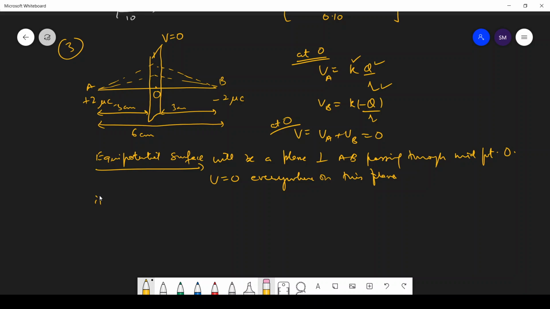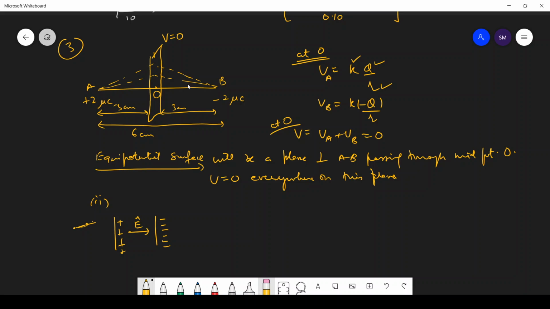Second part is, what is the direction of electric field at every point on the surface? So from the positive charge, the field lines go, isn't it something like we have these two plates, this is positive charge and this negative charge, so that is the direction of field lines, right?